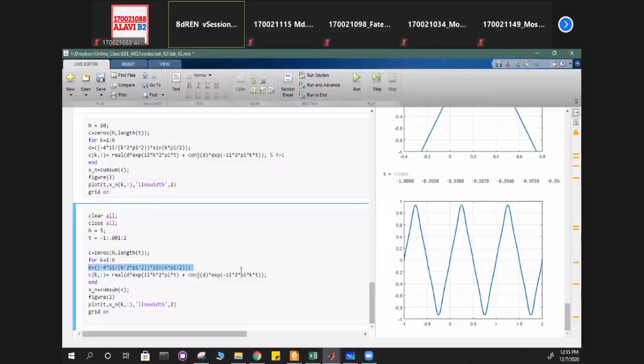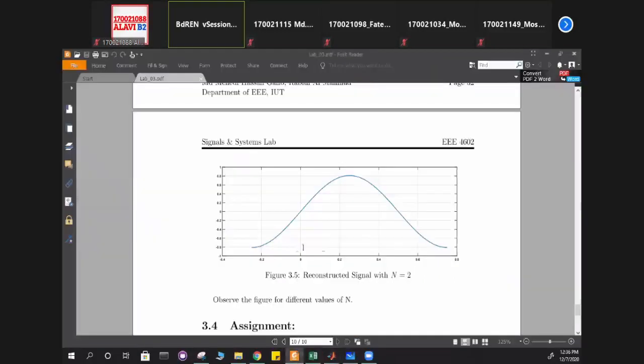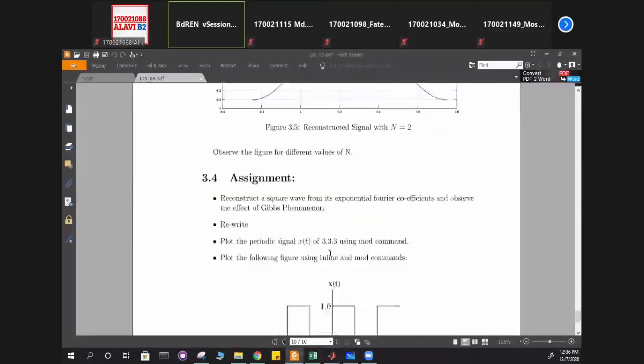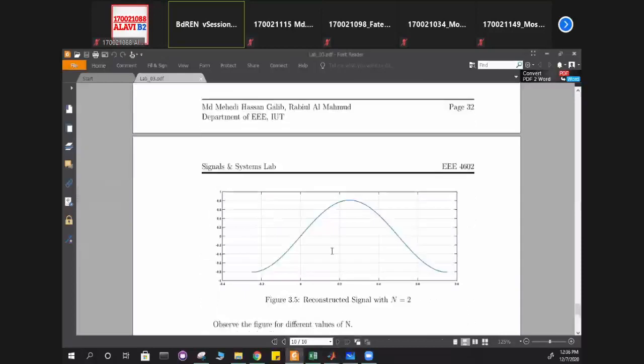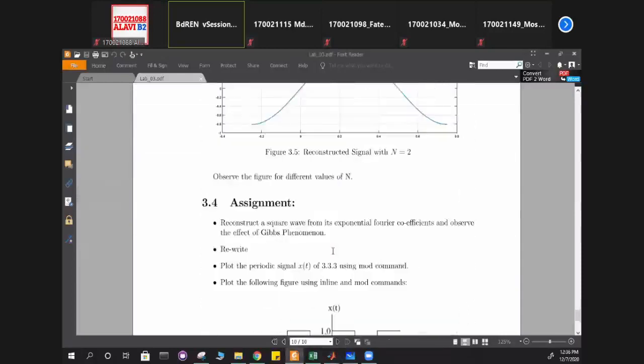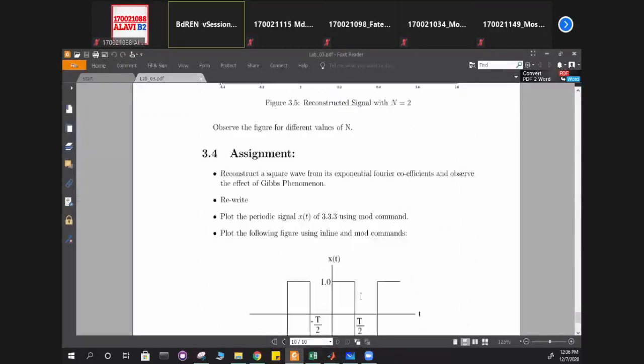So other things will be the same. For any xk that is given to you, you can now reconstruct the original signal using this. That is, I think, the end for today.